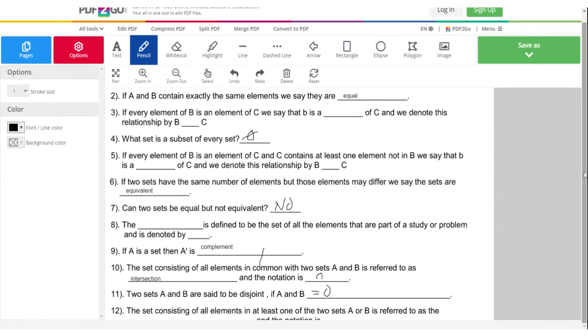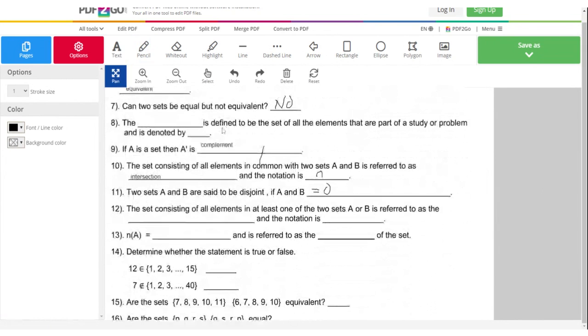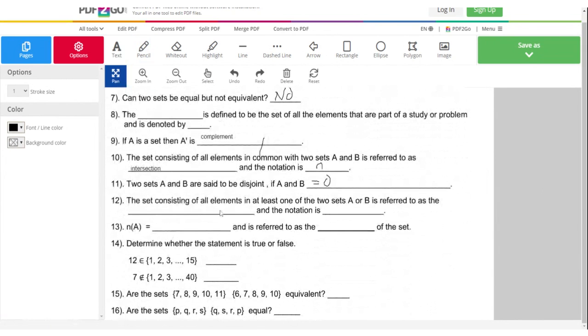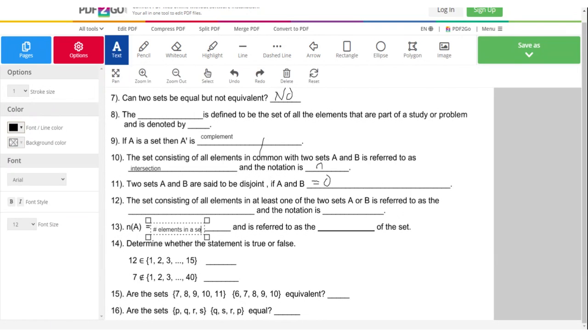The number of elements is, and this is what they call it, it's got that funny name, cardinal number.